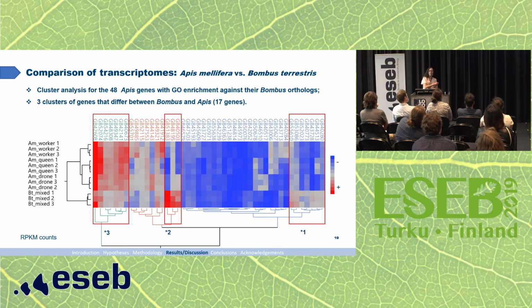So as we wanted to test the third hypothesis, that Apis evolved differently in genes related to gonad size, we looked for genes that were different between Bombus and Apis. So we finished with 3 clusters of genes that are different between Bombus and Apis, and they represent 17 genes.